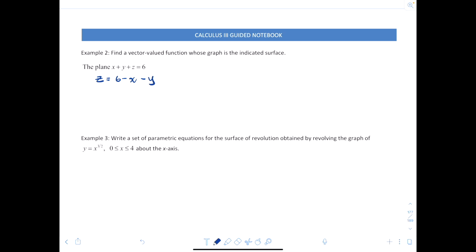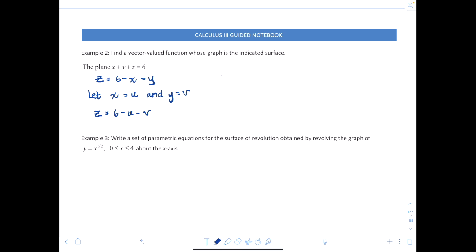All right, well, we got to get a function of u and v. So if we let x equal to u, and if we let y equal to v, right, then z would now equal to 6 minus u minus v.